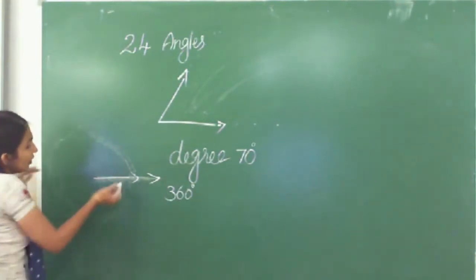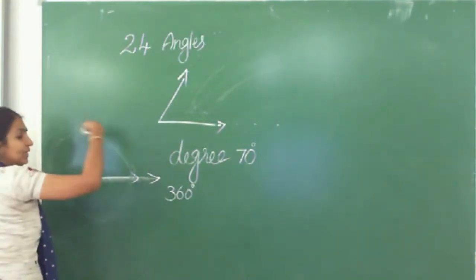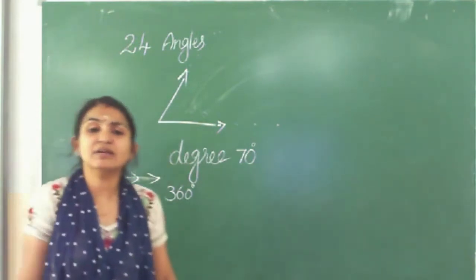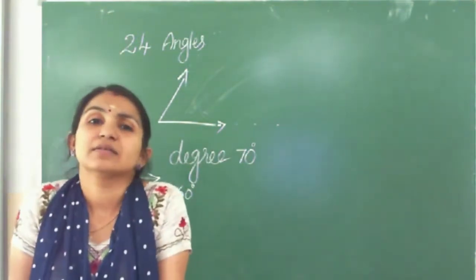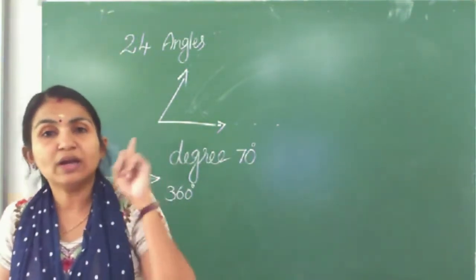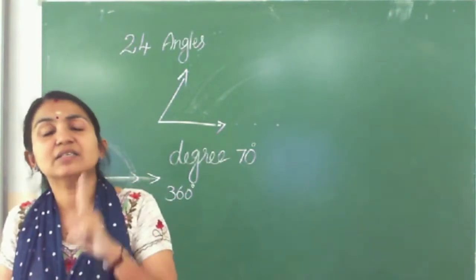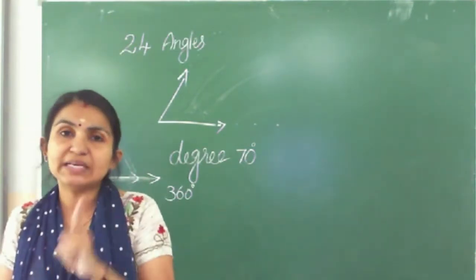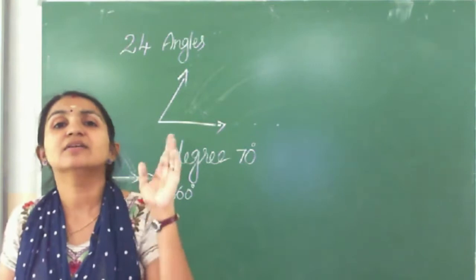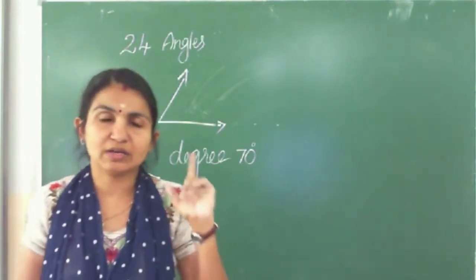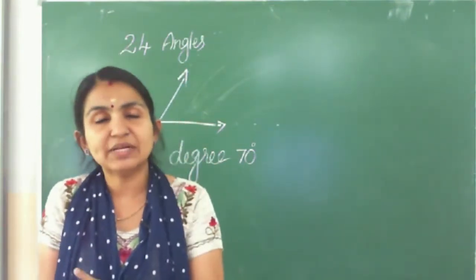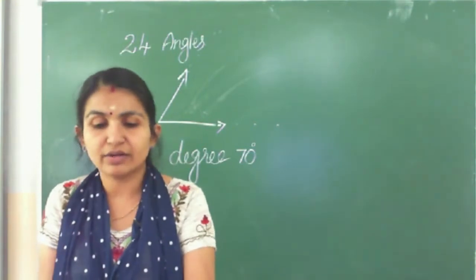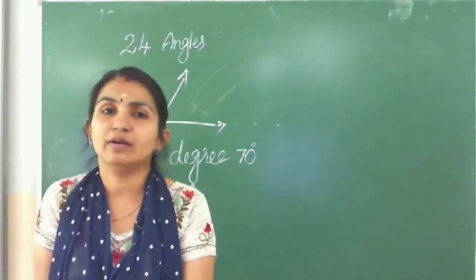So one complete rotation is known as one complete angle and it is 360 degree.